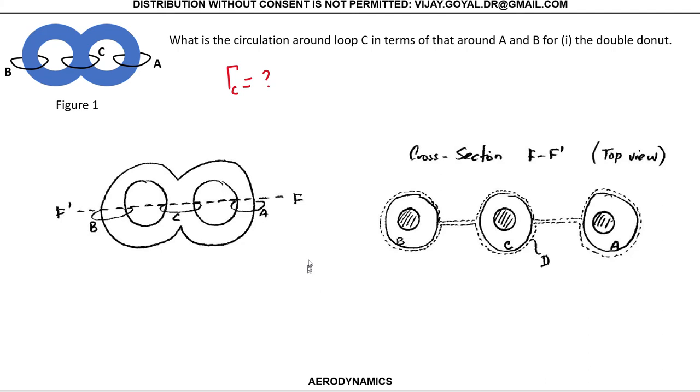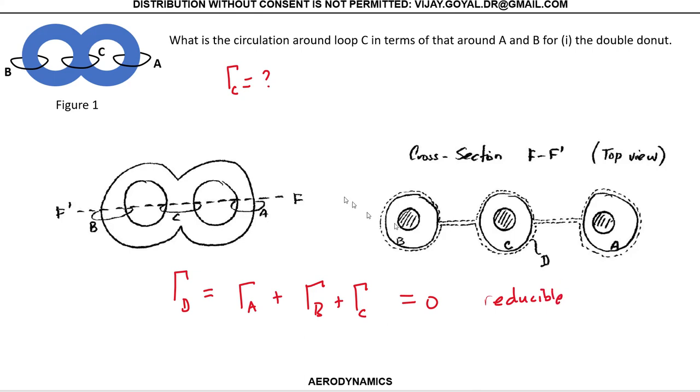So what I know in this problem then is my loop D is going to equal my loop A plus my loop B plus my loop C. And if you think about this, if I have this big loop around this, the circulation around that big loop will actually be zero, because this will be reducible.